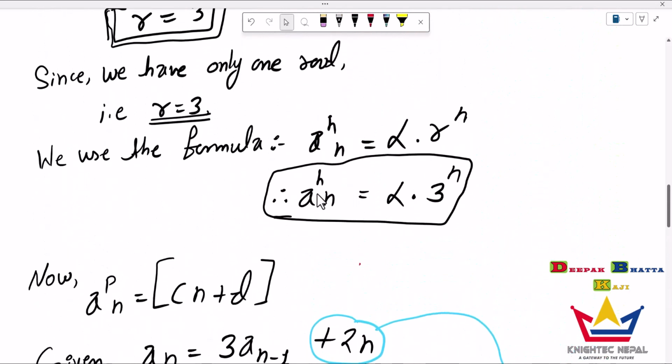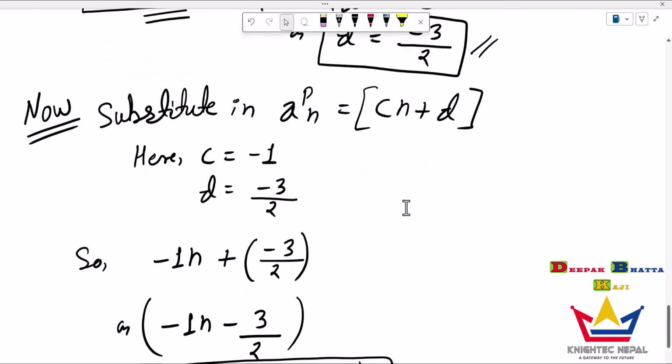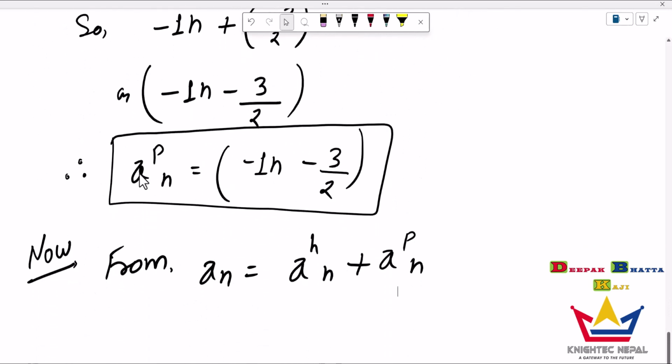So A raised Hn equals alpha 3 to the power n. So you need to write this value along with this current value, that is A raised Pn.